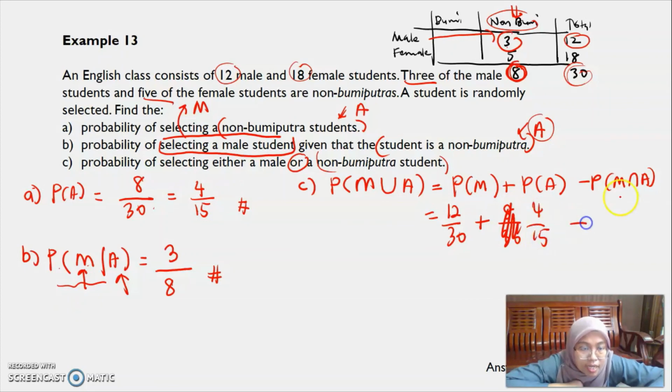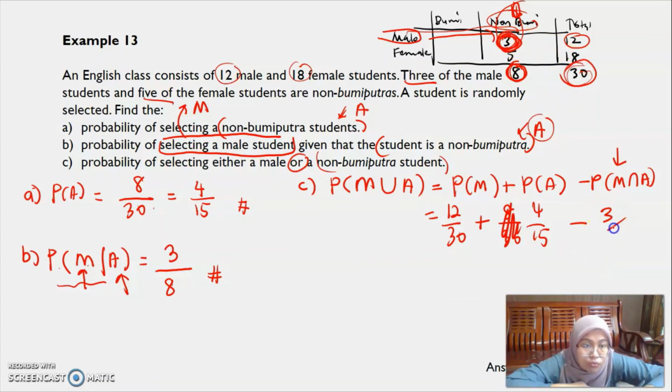Minus the probability of M intersect with A. The probability of M intersect with A means the two events M and A occur at the same time. So the probability of male and non-Bumi student occurring at the same time. So male and non-Bumi, the number of students is 3, out of a total of 30 students.